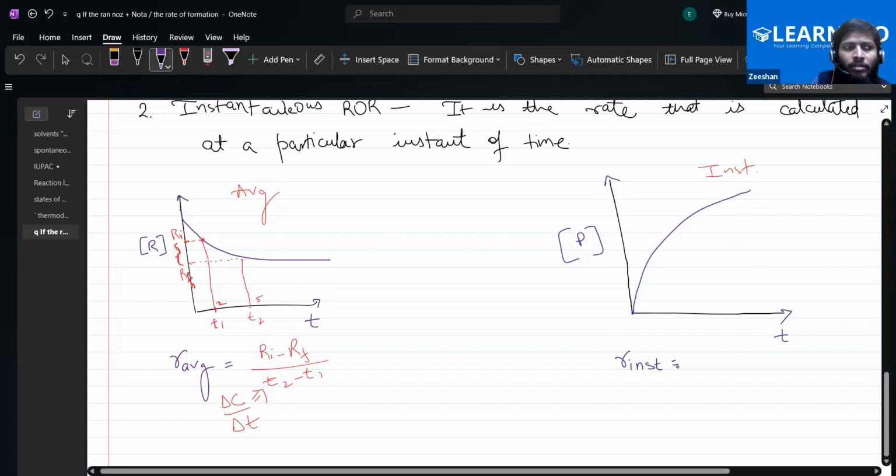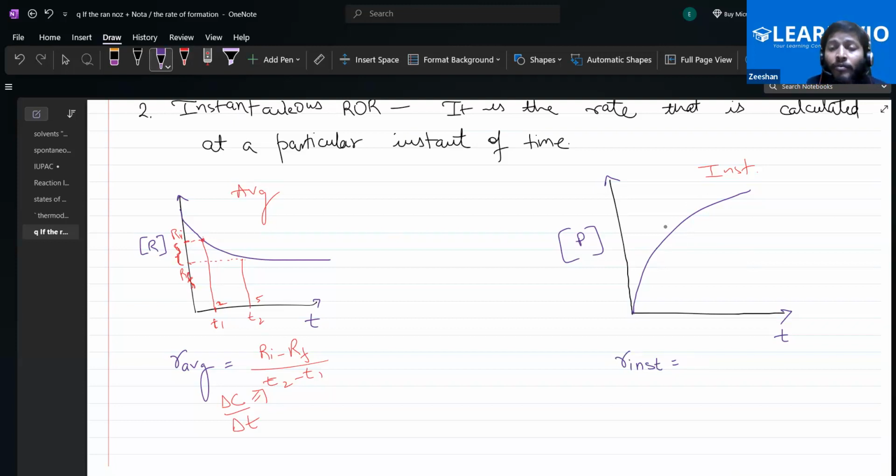R instantaneous. Acha. At R instantaneous, what do you think? If I give you one task to find the rate of reaction at the 10th second, for example, you have to sit on the 10th second.